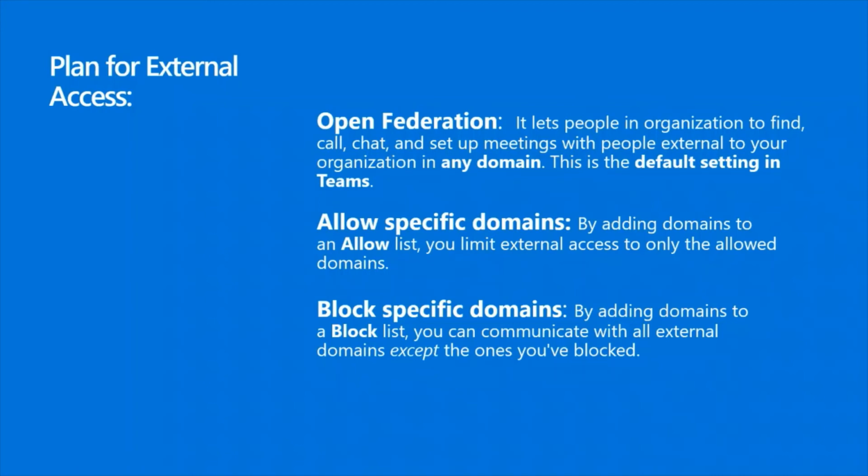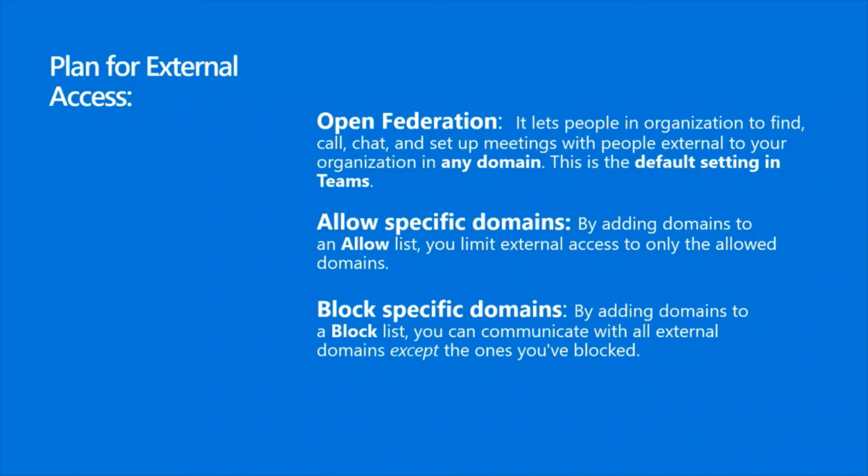One is open federation. Second is allow specific domains. Third is block specific domains. If we talk about open federation, in this scenario, your users can communicate with all external domains that are running Teams or Skype for Business and are using open federation or have added you to their allowed list.